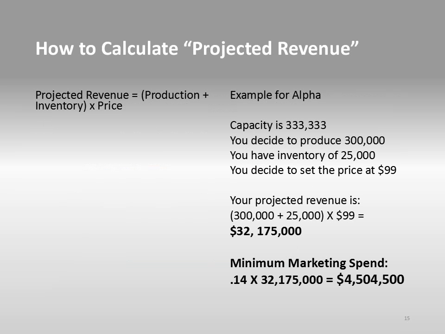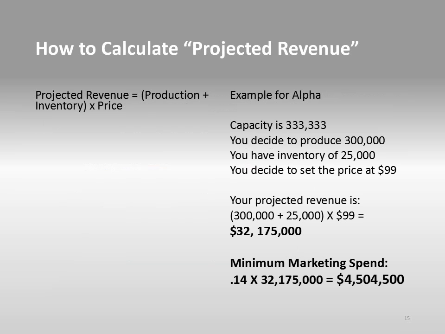How do you calculate projected revenue? Very simple. You take the amount of the units of production plus the inventory, if any, all multiplied by the price. For example, in the case of alpha, in the first year, you have a capacity of 333,333. Let's say you decide to produce 300,000.